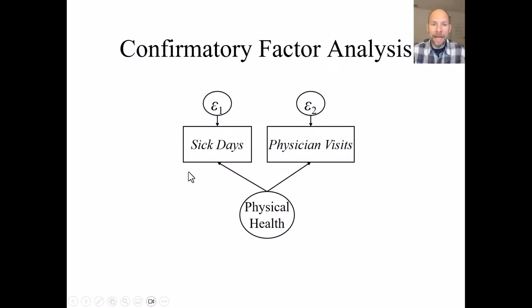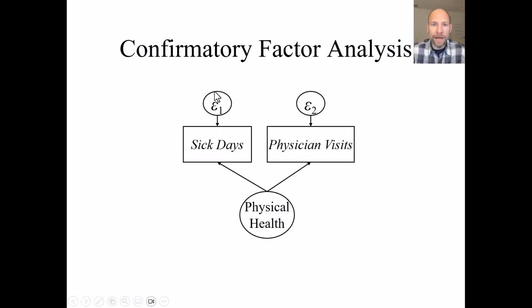The error terms are uncorrelated with the latent factor in the model, so they reflect unique variance that is not true score variance and not explained by the factor. This model allows us to partition the variance into true score variance or factor variance, or we could say common variance that is shared across indicators, and unique variance that is unique to the epsilon measurement error variables.